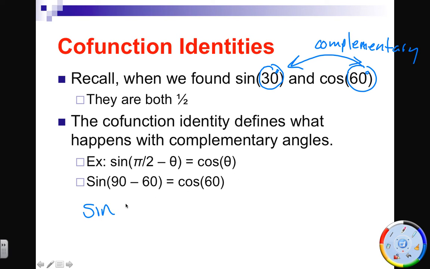Or the sine of 90 minus 13 is equal to the cosine of 13. It doesn't matter what that theta is, it always comes out this way. The sine and cosine of complementary angles are equal. And there are other versions of this. There's actually 6 variations, one for each of our functions: sine, cosine, tangent, cotangent, secant, cosecant.